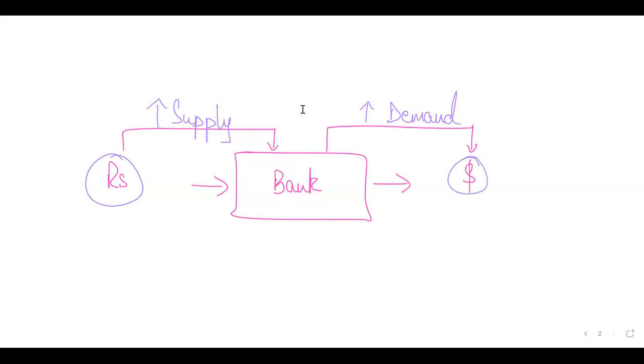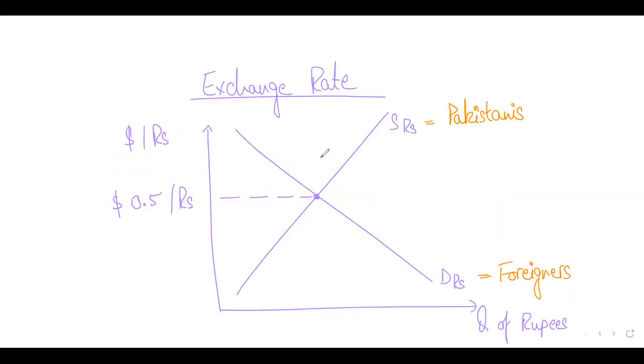But since we're making the exchange rate from Pakistan's point of view, we have to show only what is happening to rupees. Students, listen to this carefully. In the previous exchange rate graph that I was making, we have quantity of rupees on the x-axis, and therefore the demand curve is of rupees and the supply curve is also for rupees.